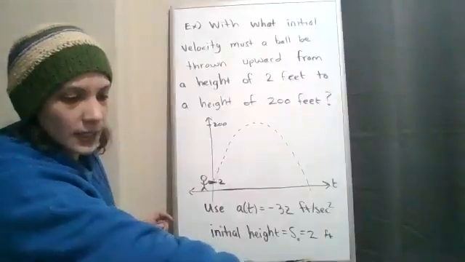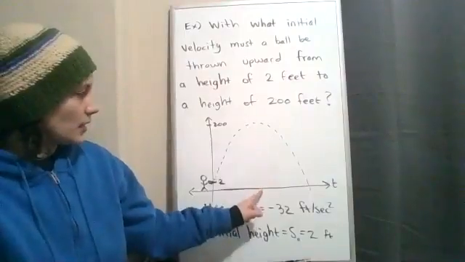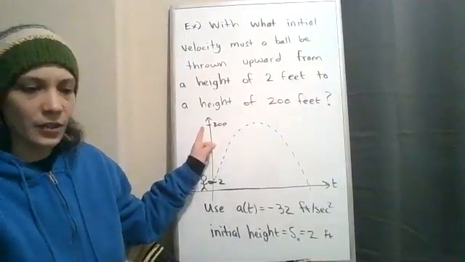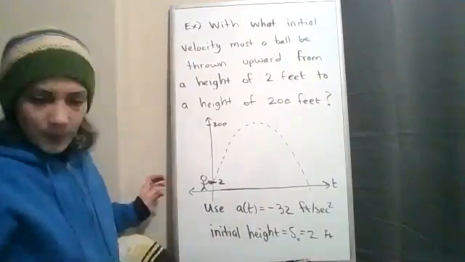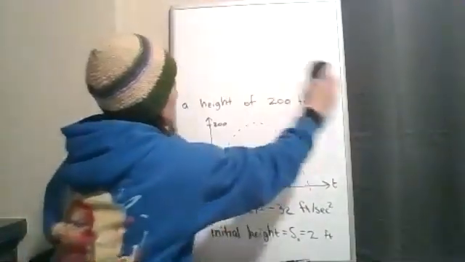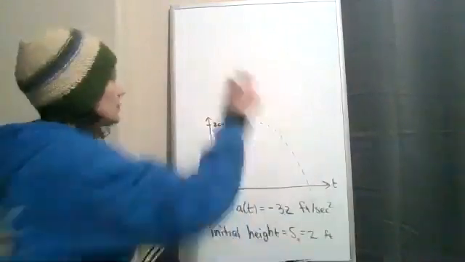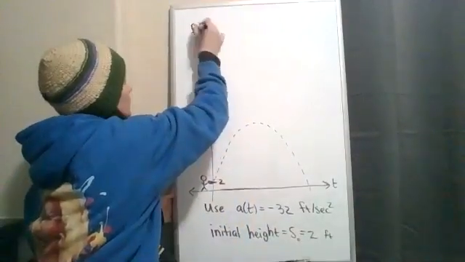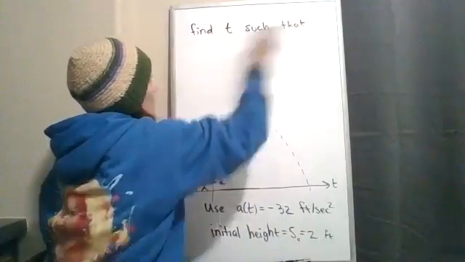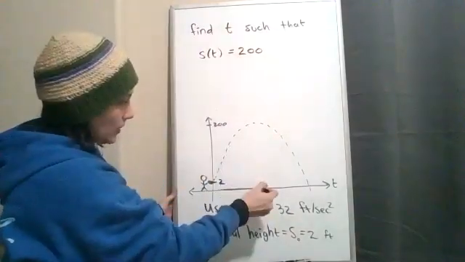And we want to find some value for t that corresponds to a height of 200, some value t right here.